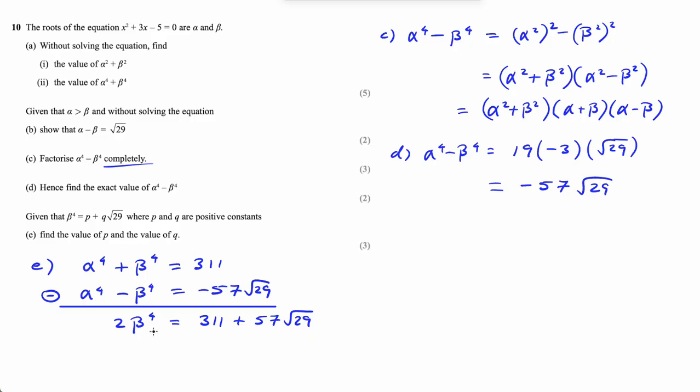So finally, we have beta to the 4 is equal to 311 over 2 plus 57 over 2 root 29. So therefore, if you like, P is equal to 311 over 2 and Q is equal to 57 over 2. Okay, that, guys, is question 10.